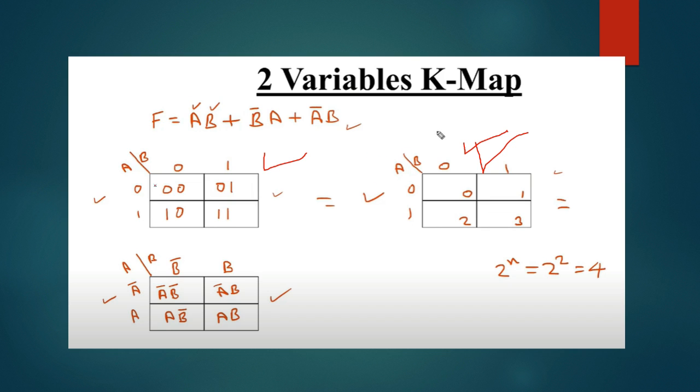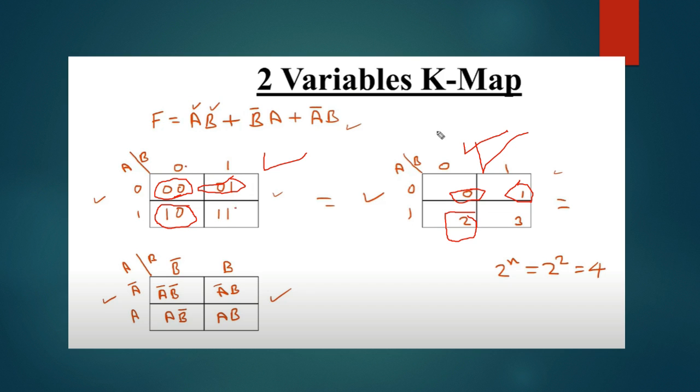As you can see, this 0 0 is nothing but a single 0 in decimal, and this cell was represented with 0 1, but here it is represented as 1 only. When this cell is represented with 1 0, 1 0 is nothing but 2, so that's why I have written down 2 here.